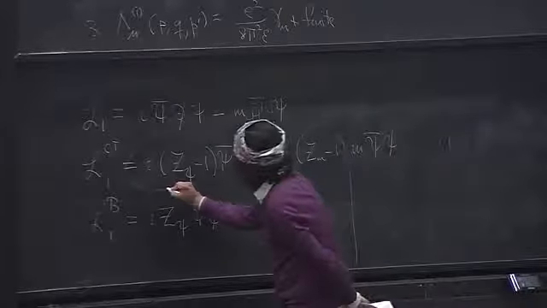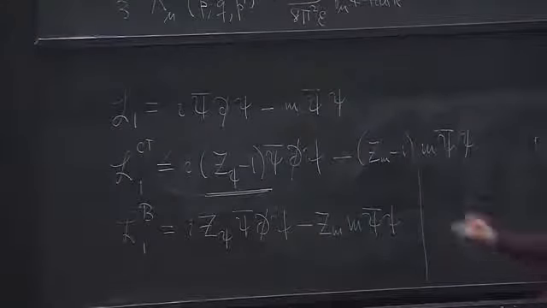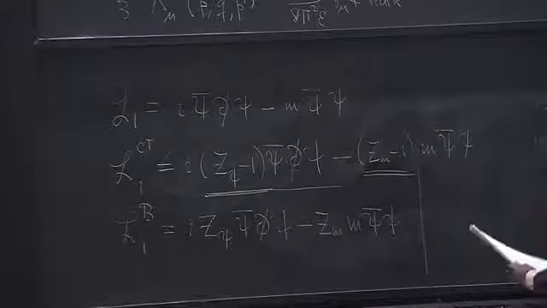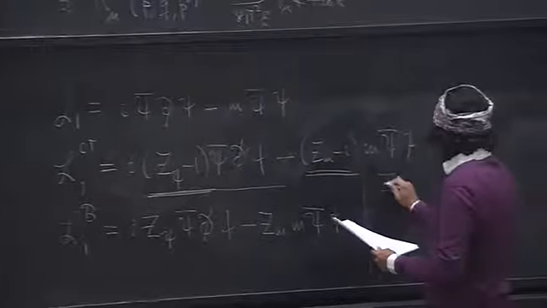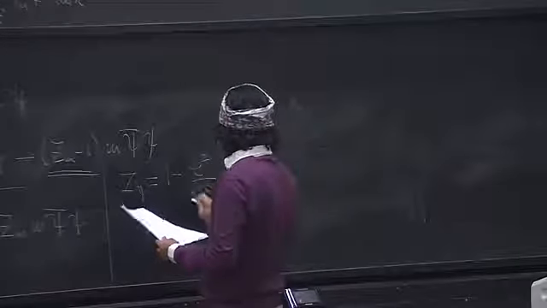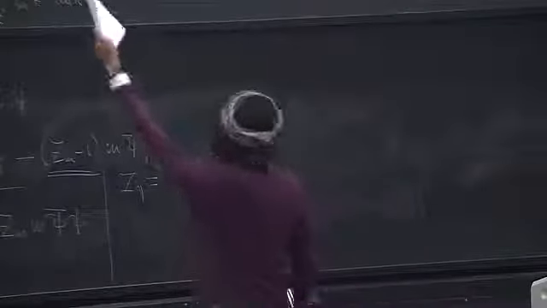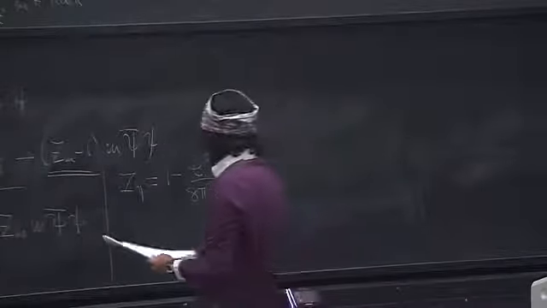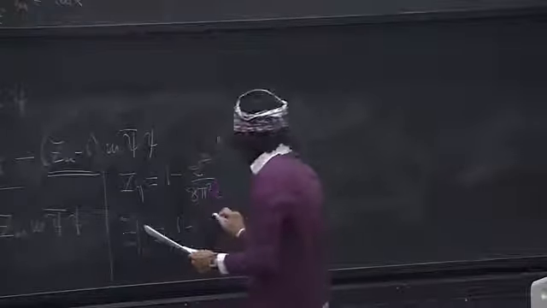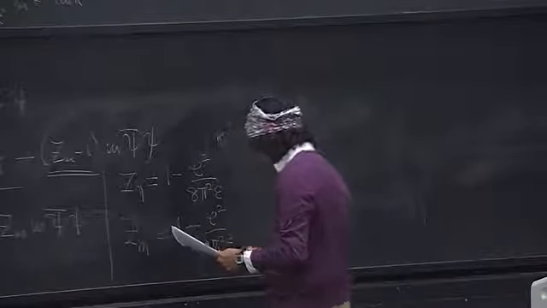By the way, this whole thing is the counter term, not the z's. So the z of psi is just 1 minus e squared over 8 pi squared epsilon, because that's what you need to cancel the first divergence in number 1, and then z of m will be 1 minus e squared over 2 pi squared epsilon.